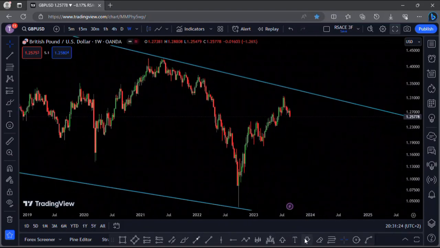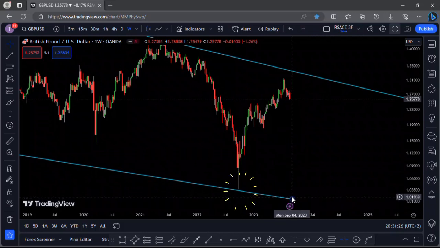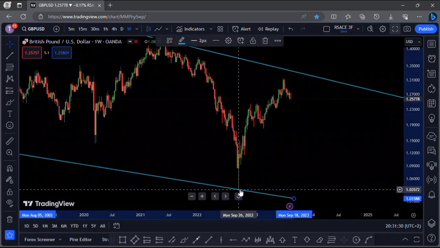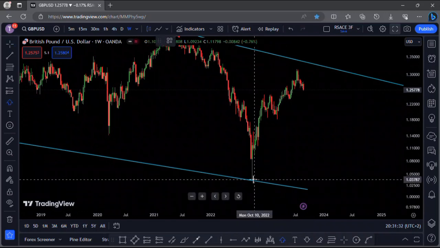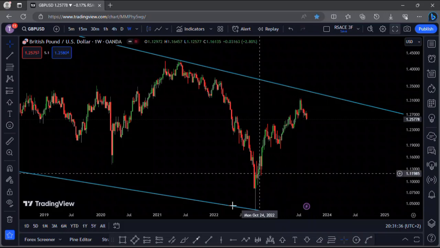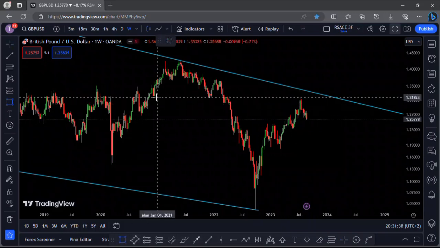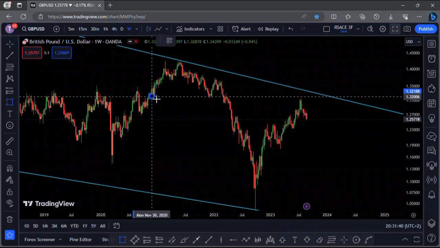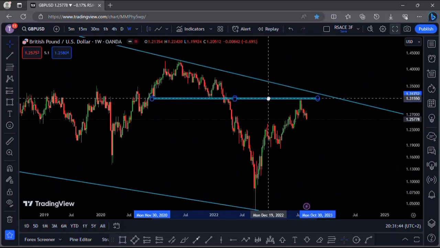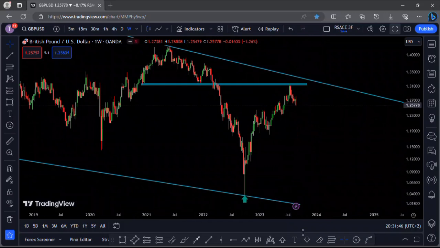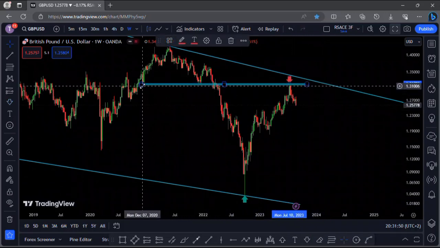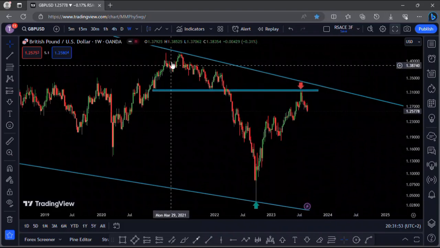We have already touched the support. We should be on the way to the resistance, but look, we didn't reach the resistance. Why? Because of this zone here, which has turned into our resistance. It was a support, currently it is a resistance.